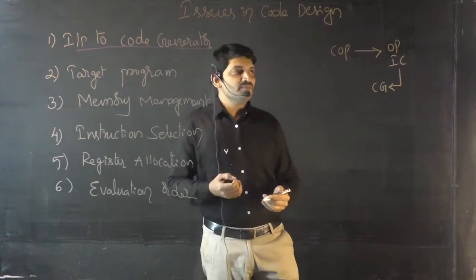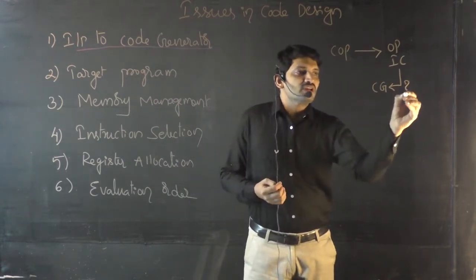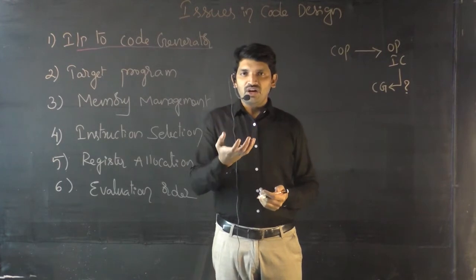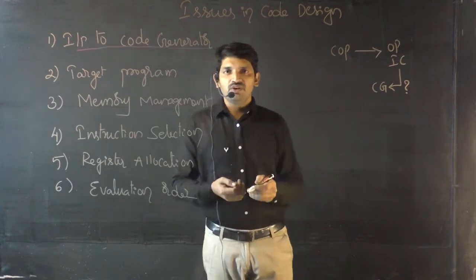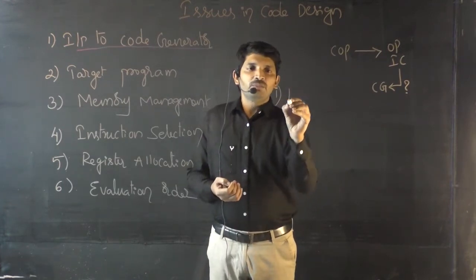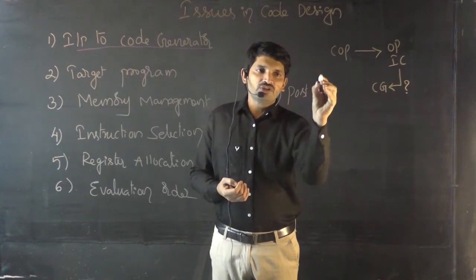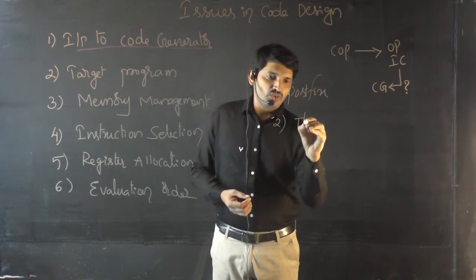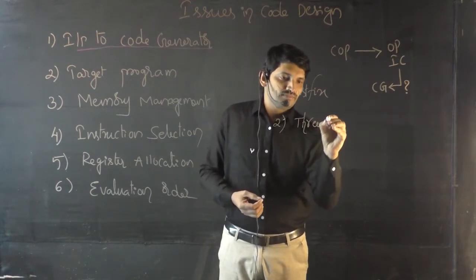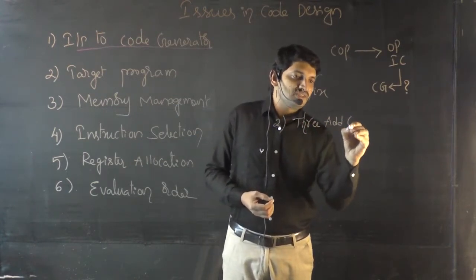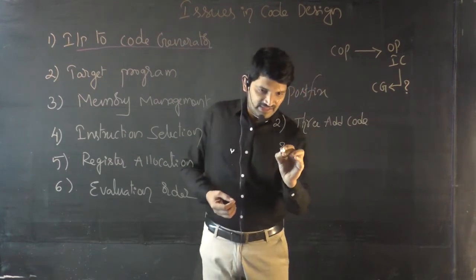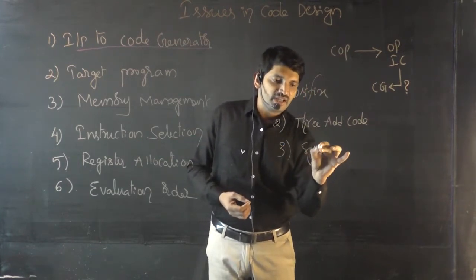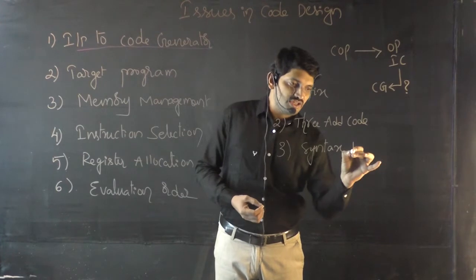Now the question: what are the various forms of intermediate code? We already know them. It may be postfix notation or polish notation. The second one is three address code. And the third one is syntax tree, or sometimes we call it DAG representation.